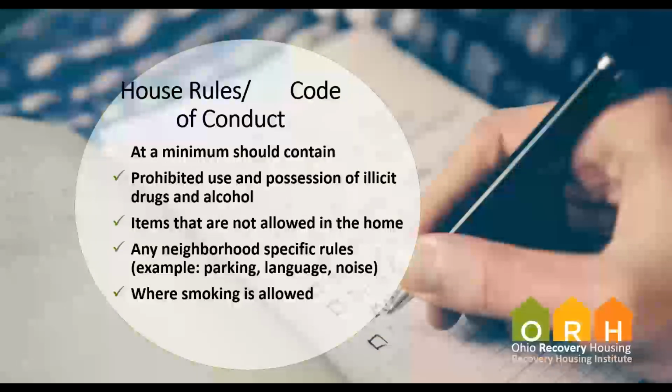All right, so back to our code of conduct. To meet the quality standards, so again, listing that residents agree to not use or possess those drugs and alcohol. Also list any items that are not allowed in the home.